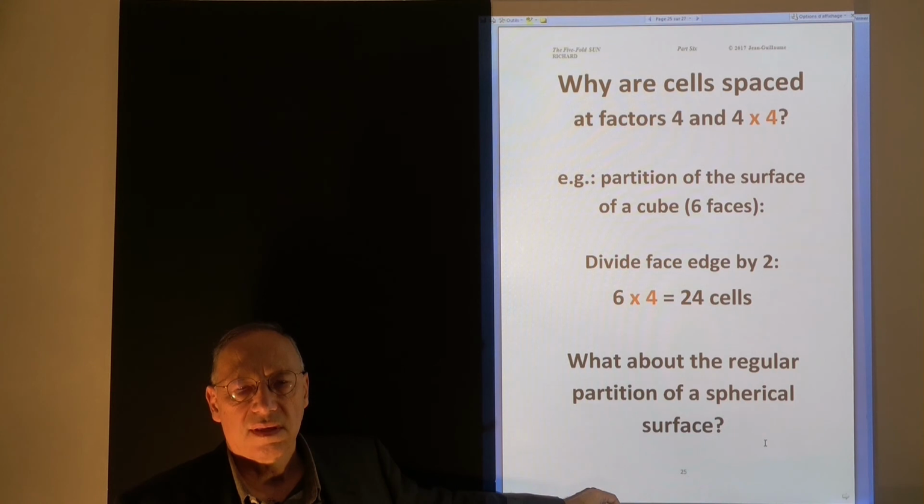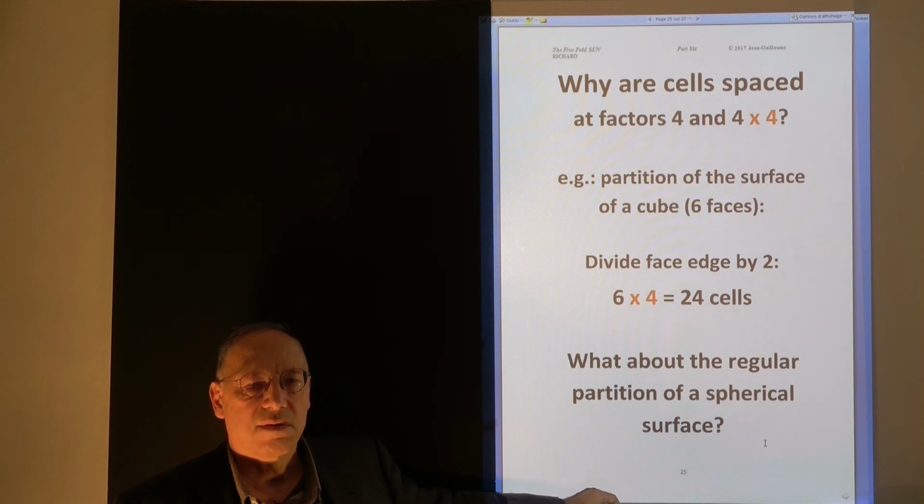Now, if this is the case, why would cells at the surface of the Sun be spaced at factors 4 and 4 times 4? If you reflect on the possible partition of the surface of a cube, which has 6 faces, hexahedron, 6 faces in Greek, just divide the edge of the face by a factor 2, and you find 4 cells in each face of the cube, so you get 24 cells for the cube.